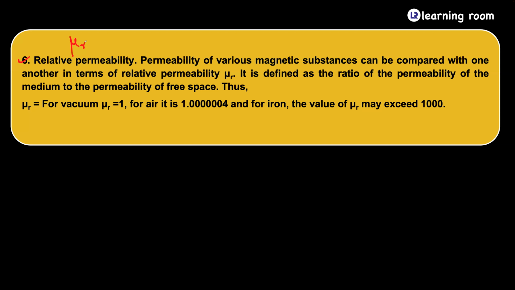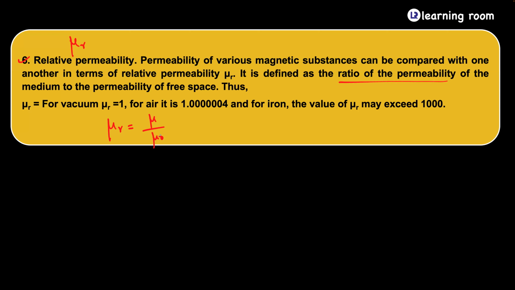When you're writing something as a ratio, it is very important to understand what should be in the numerator and what should be in the denominator. So listen to this carefully. It is defined as the ratio of the permeability of the medium to the permeability of free space, meaning mu r is always written as mu divided by mu naught, meaning always the known quantity is written in the denominator.